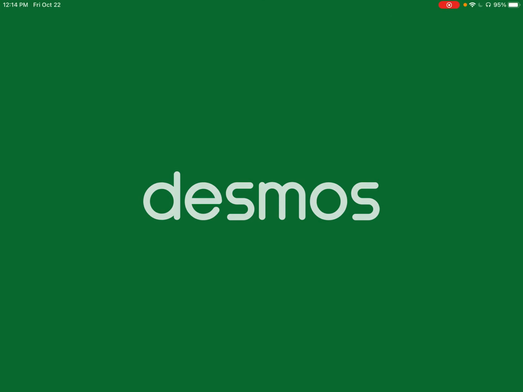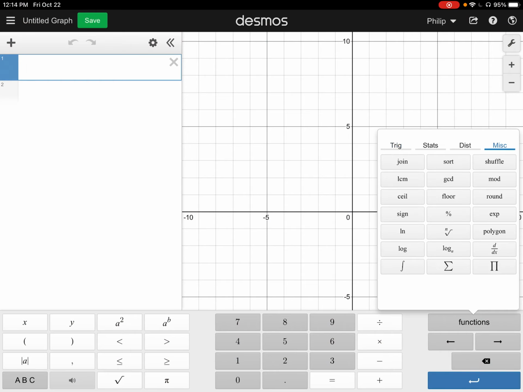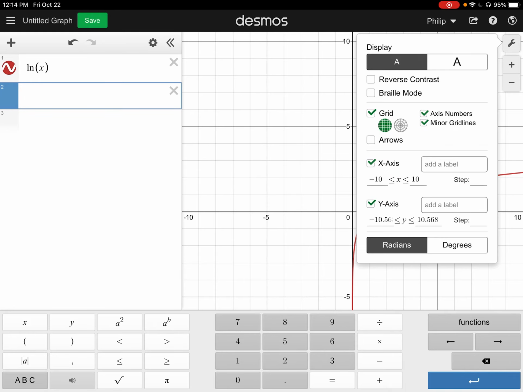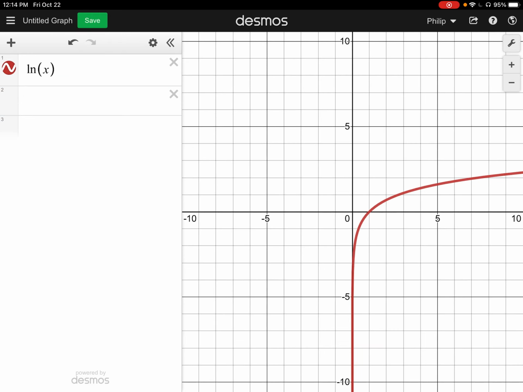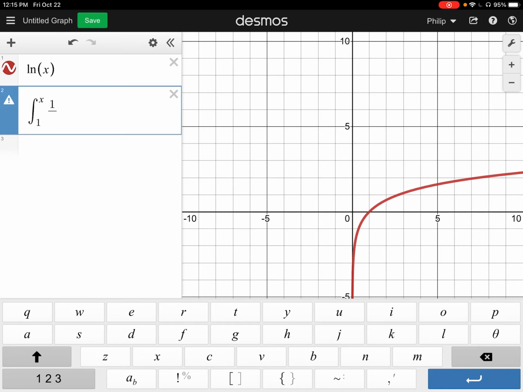Additionally, we could also look at something like the natural log function. So I'm just going to go ahead and graph that here. So let's take the natural log of x. And what some mathematicians realized is that there was a pretty cool relationship between the natural log function and the following integral. We're looking at the integral from 1 to x of the function 1 over some other variable, let's just call that t, and let's write this dt.